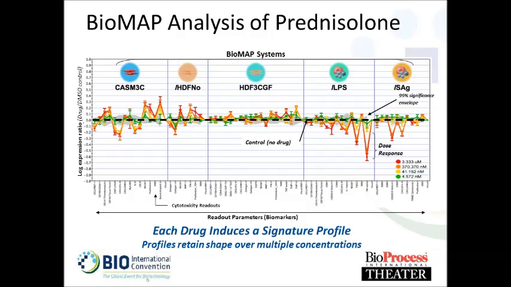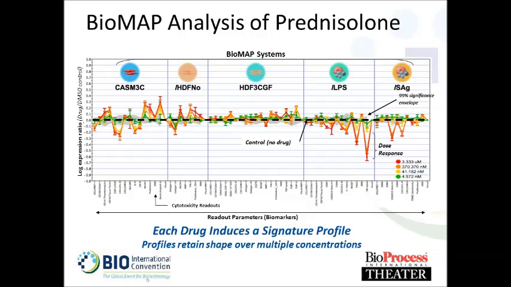Across the bottom, probably not legible on the screen here, but these are, again, mostly protein-based biomarkers. These are selected based on their physiological and translatable activities, both in clinic and for translational researchers. We also do measure cytotoxicity and proliferation in these systems, so if your molecule is overtly cytotoxic, we can detect that in our assays. The y-axis here is the log expression ratio of drug-treated cells to DMSO control.